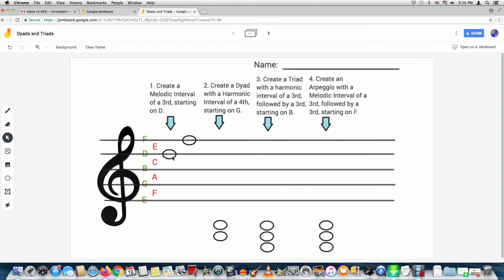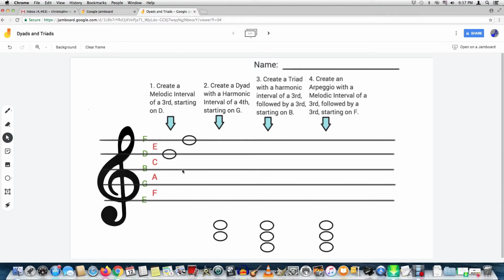Now, this is a melodic third because the second note comes after the first note. Each note is played one at a time because just like when you read a book, you read one word at a time, starting from the left and moving to the right. You don't read all the words at the same time. You can't speak them all at the same time. So you read the first word, and then your eyes move to the second word, and you read the second word.